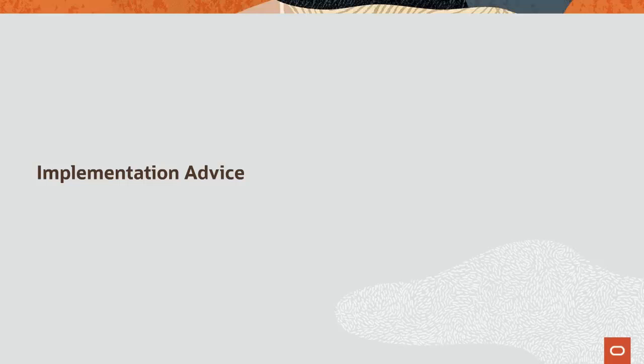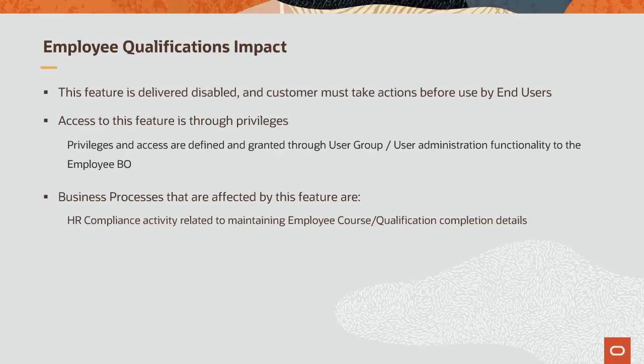In this section, we'll provide implementation considerations and setup instructions for employee qualifications. This feature is delivered disabled, and the customer must take specific actions before use by end users. These actions are detailed on the next slide. Access to the feature is granted via user group, user definition.